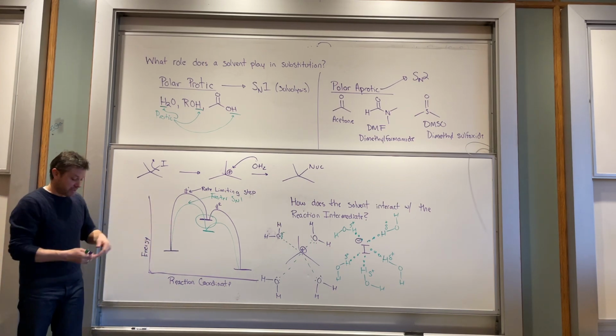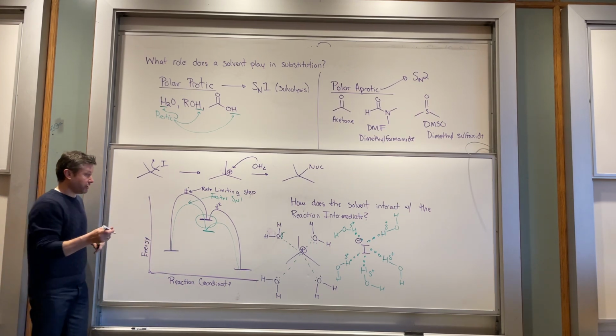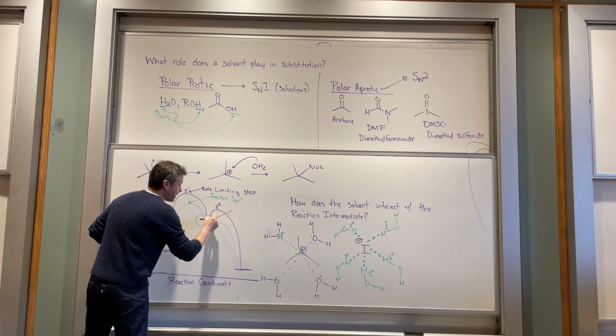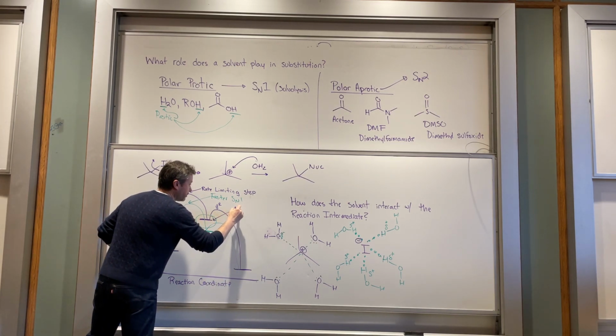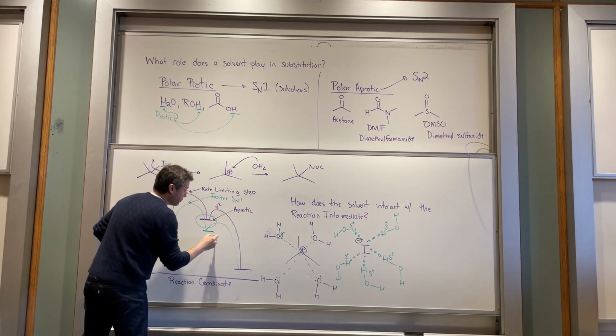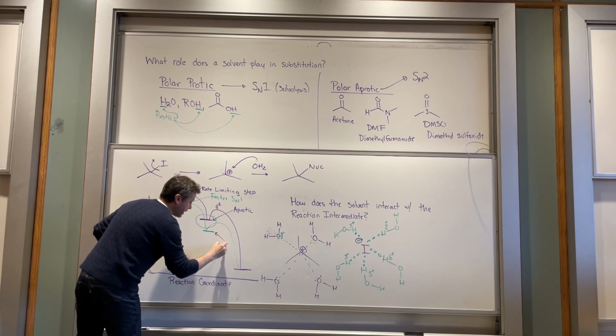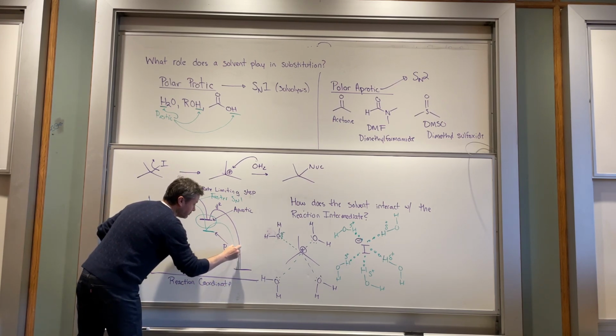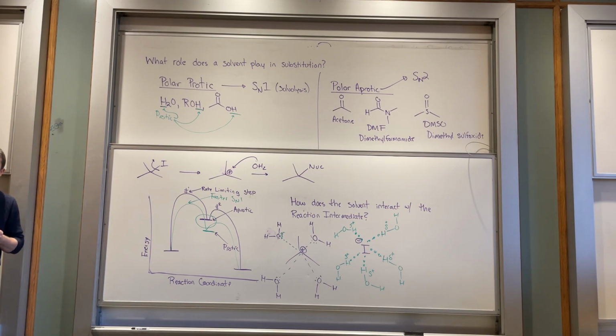So this would be the case in an SN1 reaction. Here, maybe we're using an aprotic solvent, whereas here, we're using a protic solvent. It's going to make that SN1 pathway that much faster.